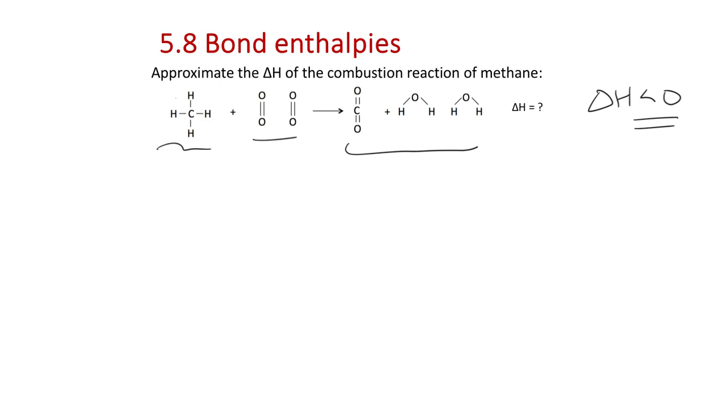And then what we'd want to know is, what are all the bond enthalpies here? And how many of the bonds are we breaking? So we have to break 4 moles of the CH bond. That was 413 on the previous slide. 495 kJs per mole for the O2s.